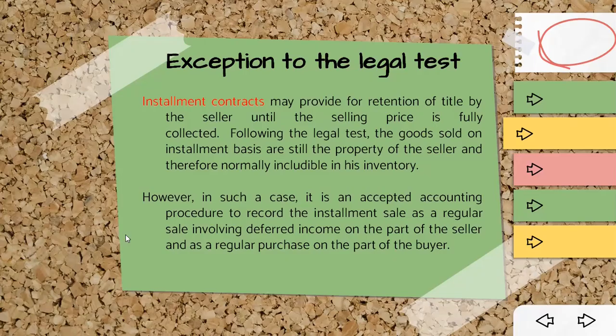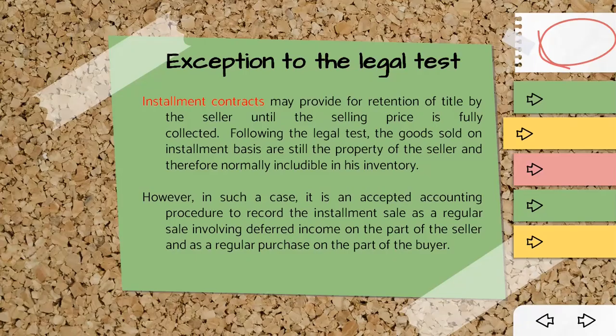But take note, however, in such a case, it is an accepted accounting procedure to record the installment sale as a regular sale involving deferred income on the part of the seller and as a regular purchase on the part of the buyer. So this is an exception to the legal test.